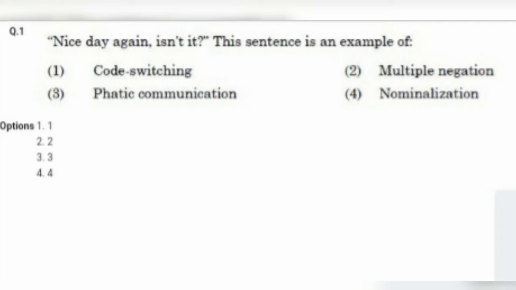It's the process of making a noun from a verb or adjective, or the use of a word which is not a noun. The word can be a verb, adverb, or adjective used as a noun. For example, the formation of the noun applicability from the adjective applicable. So it's clear that the answer for the first question is option number 3, phatic communication.